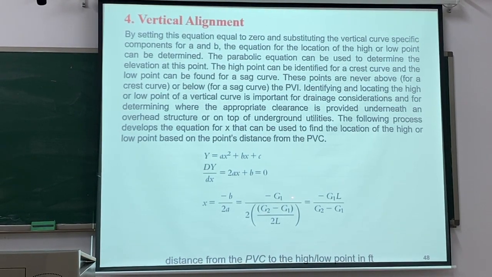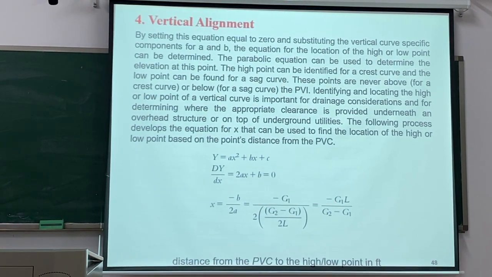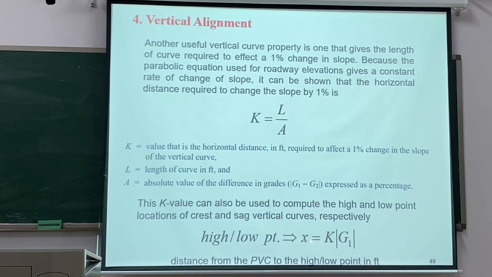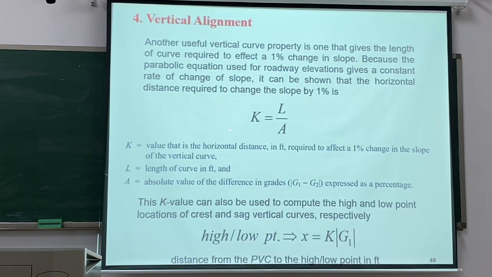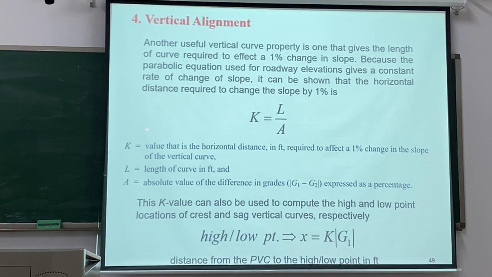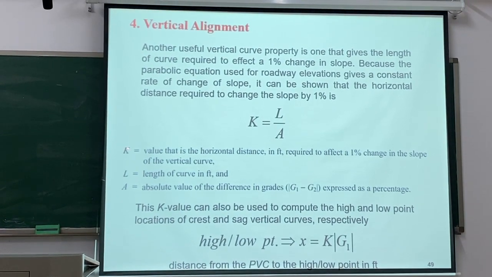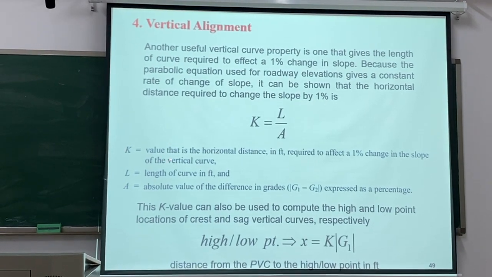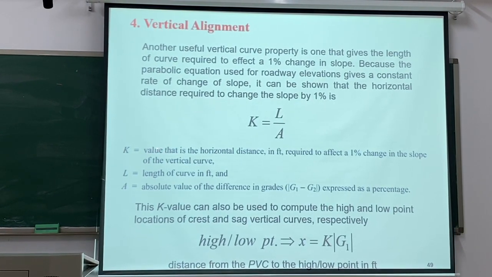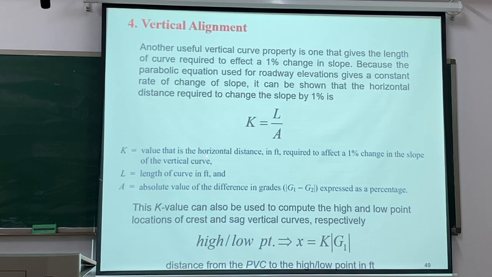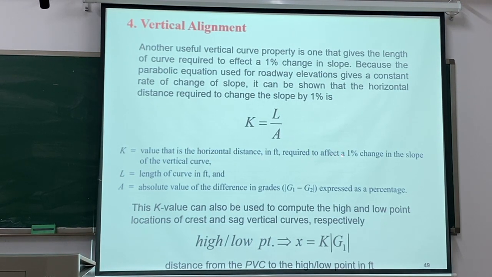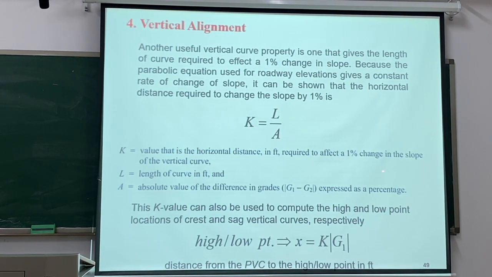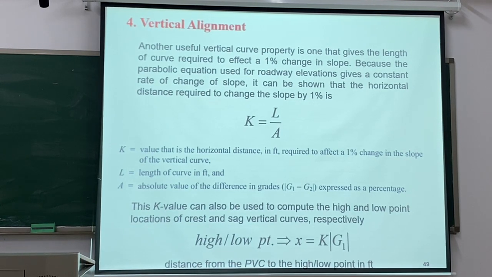Like this. This equation is equal to this. But we can use another parameter K to determine it. This is the horizontal distance required to effect a 1% change in the slope.